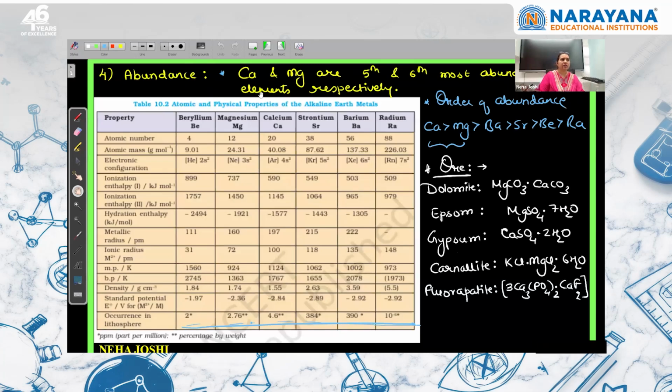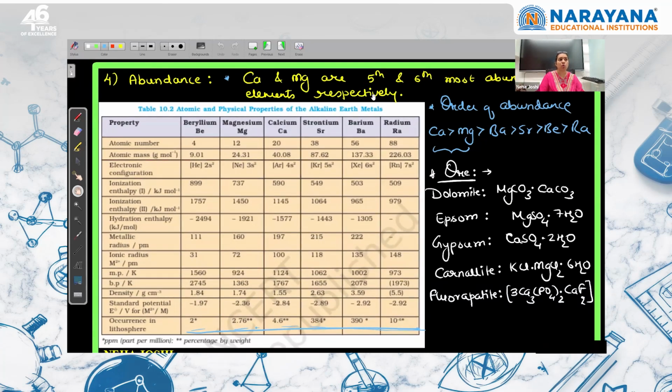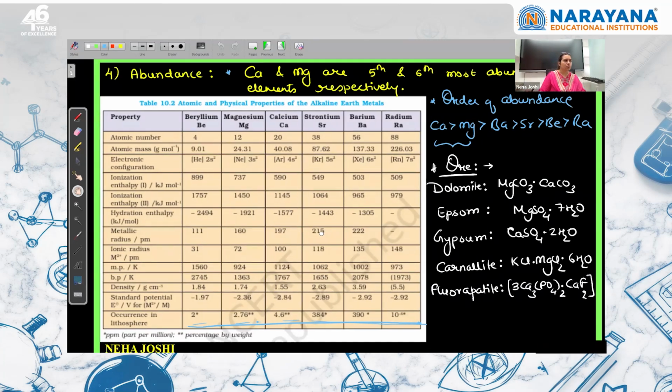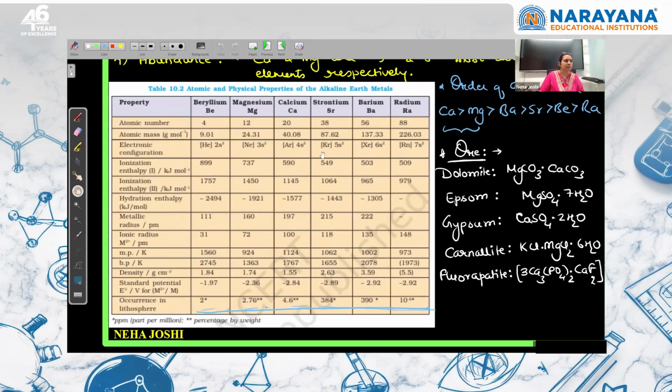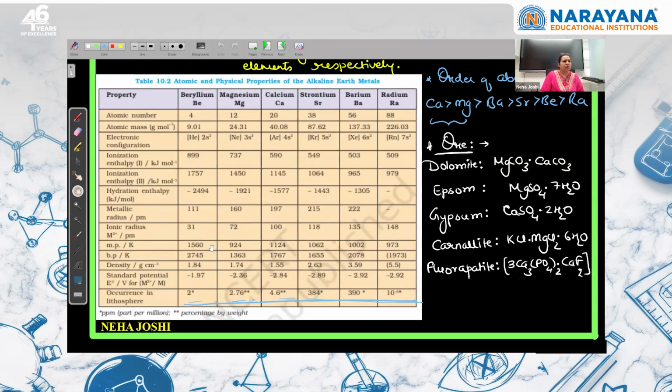Again, abundance: calcium and magnesium are very abundant, the fifth and sixth most abundant elements on earth. The order of abundance I have written, with a few O's added. Coming to this table from NCERT, please observe carefully. I don't find any special anomaly here which I need to point out.